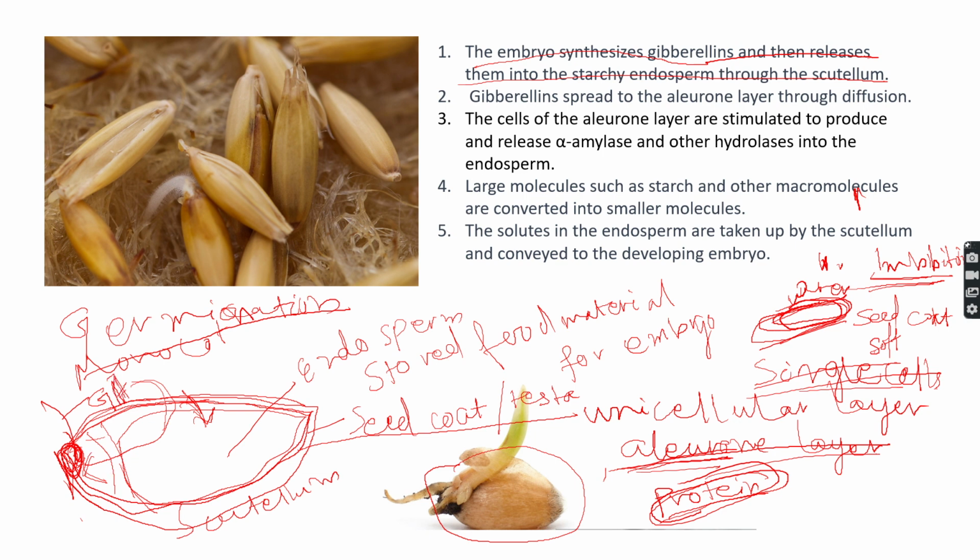After having water, it will release gibberellic acid, and the gibberellic acid will move from embryo to scutellum, from scutellum to endosperm, and from endosperm to the aleurone layer. Gibberellin spreads to the aleurone layer through diffusion. Now this movement is happening through diffusion.